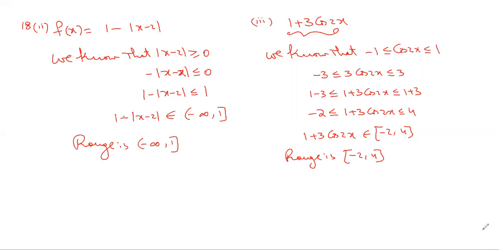So how will we find the domains for these equations? If the question asks, please find the domain. As modulus of x is defined for every real number, it will be the set of all real numbers.